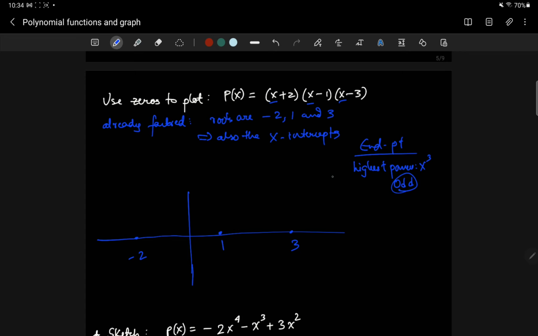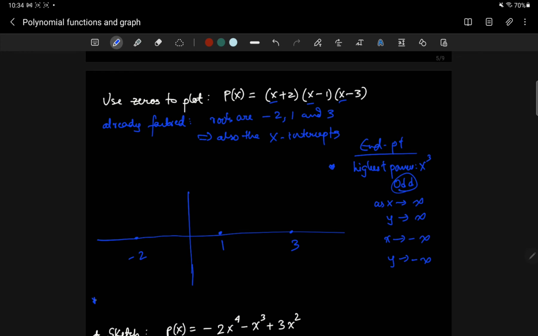So that means that as x goes to positive infinity, y goes to positive infinity. And as x goes to negative infinity, y goes to negative infinity. They will have opposing behavior. In addition, when you multiply a positive number 3 times, you're still positive, so you're here. And if you multiply a negative number 3 times, you're still negative.